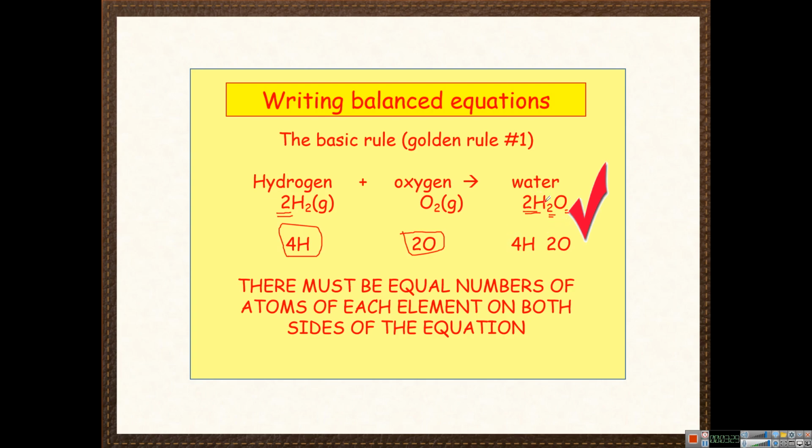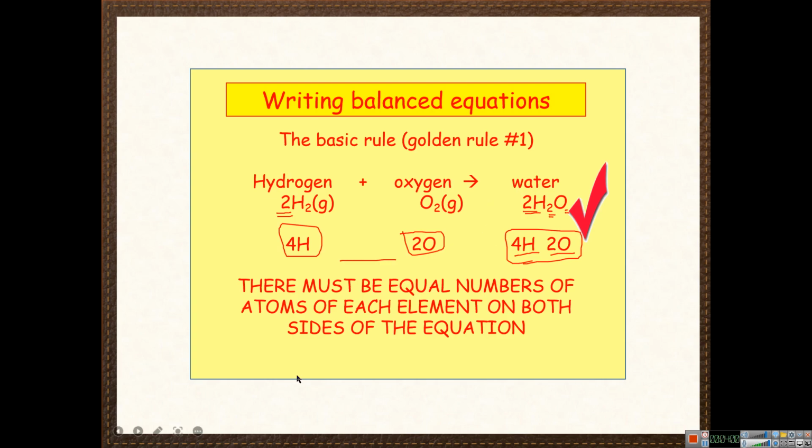So the 2 will be multiplied individually to both of these elements, and it would increase the number of atoms on this side of the equation. So in the products, now we have 4 hydrogen atoms. That makes it 2 into 2 makes 4, and 2 into 1, as there is no number over here, we consider it as 1. It would give us 2 oxygen atoms, making it a total of 6 atoms on this side and 6 atoms before the reaction. So this is how you balance an equation.